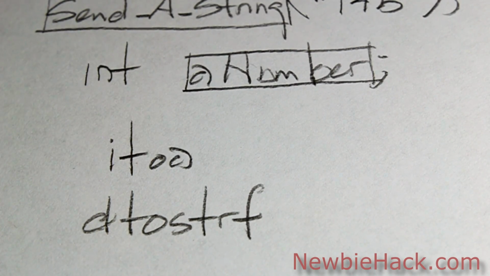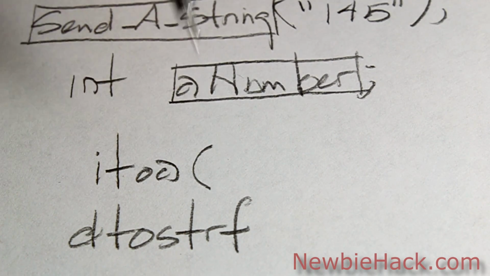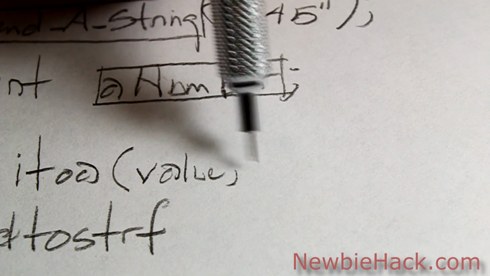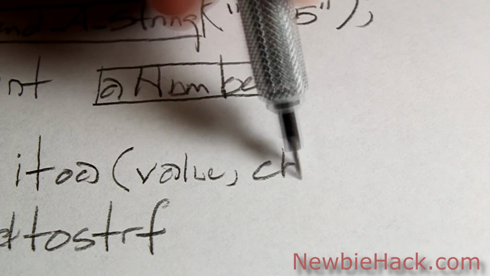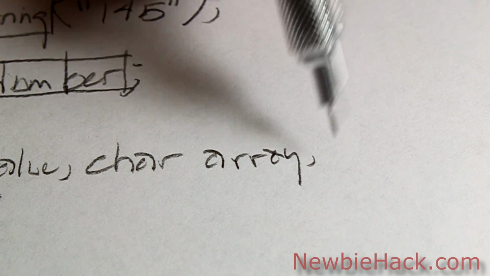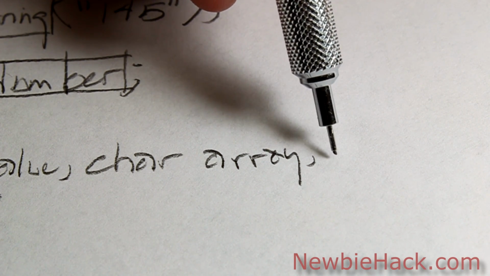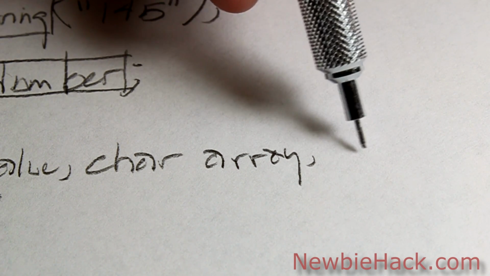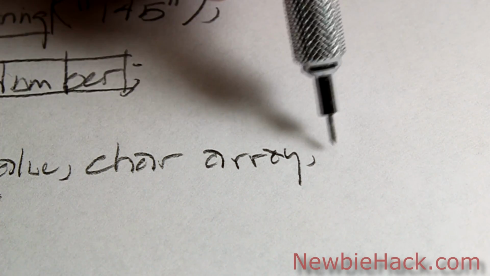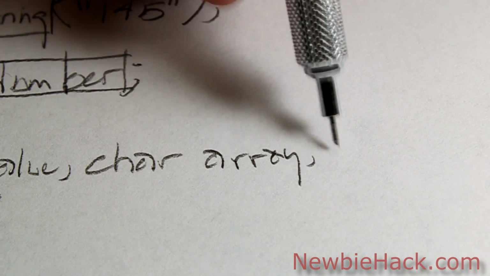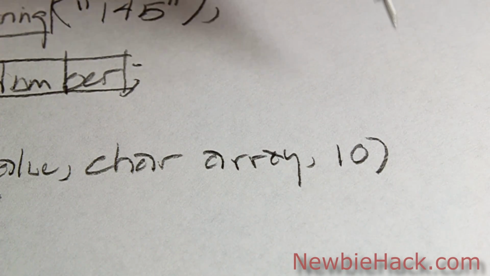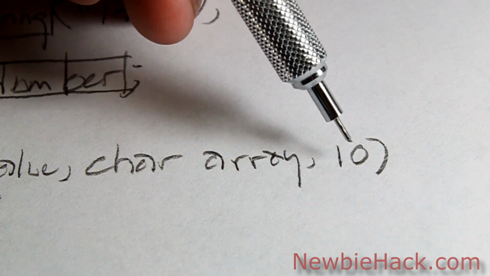The ITOA is converting an integer to a string, and it accepts the integer, call that value, the character, or the string, which is a character array, and the base, which is, you can actually have this into a string in the format of a binary number, base 10, which is just a standard number that we're familiar with, and base 16, which is hexadecimal. And to represent it for base 10, which is the standard notation we use in daily life, you just put a 10 in there. For hexadecimal, you'd put a 16, and binary is 2.